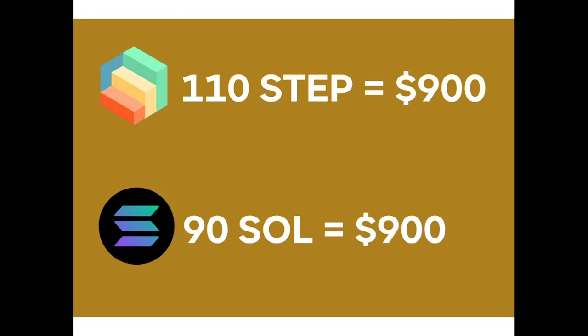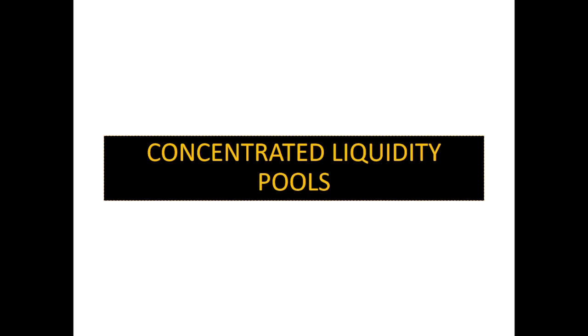One of the things worthy of note when we talk about liquidity pools is that every time liquidity is provided, it is distributed evenly across the entire price spectrum. We'll talk more about that as we move further. The next thing we want to talk about is concentrated liquidity pools.